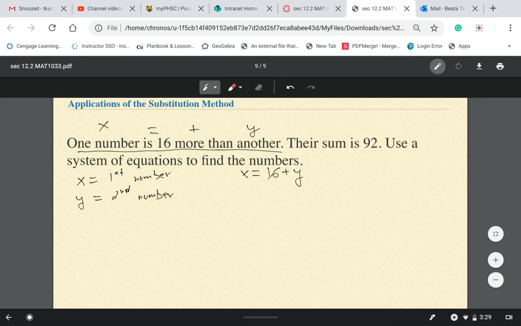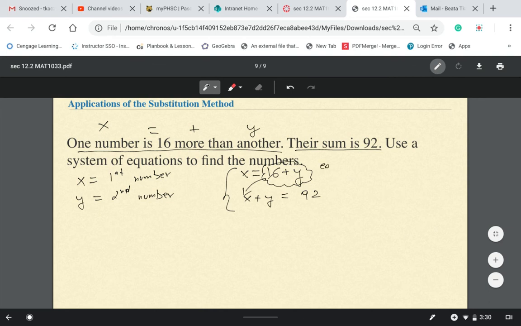So I created the first equation using the first sentence. The second sentence says the sum is 92. So when we add those two numbers together, we get 92. So two variables, that means we need two equations, which is a system. Okay, now we're going to solve it. We need to figure out what the two numbers are. So with substitution, we're going to replace x from the second equation with 16 plus y.